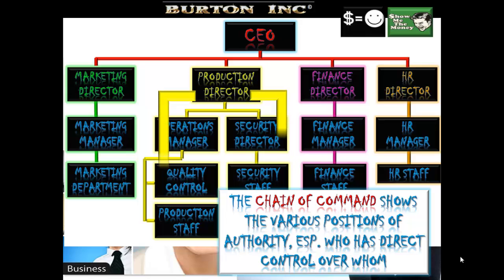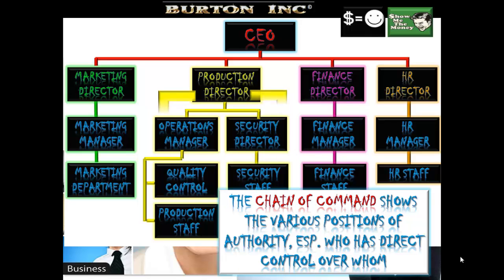Production director, the chain of command, let's say she's got an important communication to pass down to the security staff. She will instruct the security director with the information, and then the security director will need to pass that information down lower in the hierarchy to the security staff.